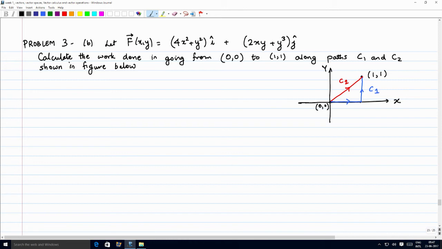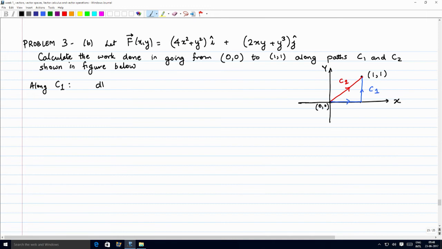Now, we'll explicitly calculate the work done, because that will show you how to do line integrals. And then we will comment on the path dependence or independence. So, let us calculate the work done along C1.